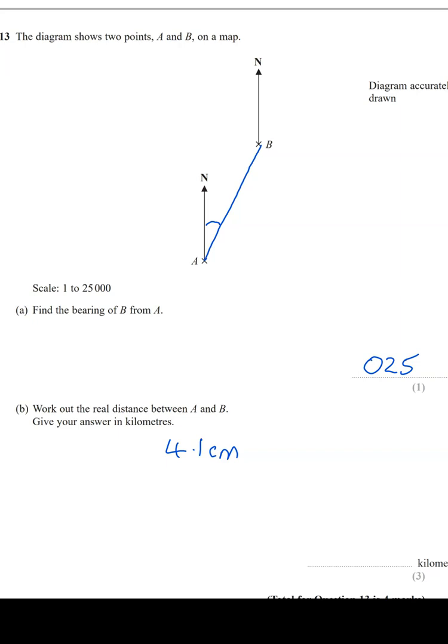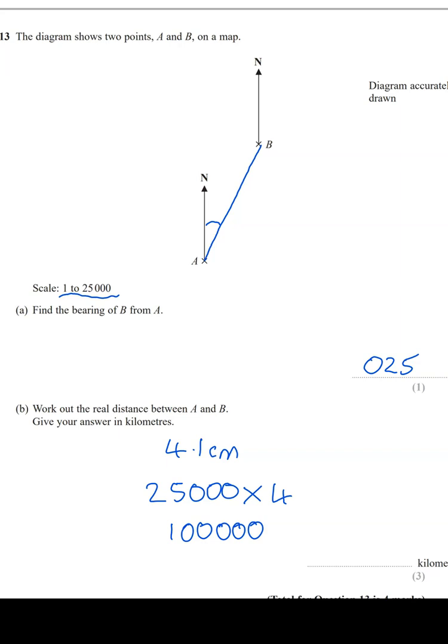So what you need to do, once you've got this, you need to do your 25,000 times by 4, because that's our scale, 1 to 25,000. I'm just going to use 4 centimeters. I'm sure when you're actually on the actual paper, it would be that. So 25 times 4 is 100. Then put my 3 zeros on. Now, obviously, that is in centimeters at the moment because I've scaled up centimeters.